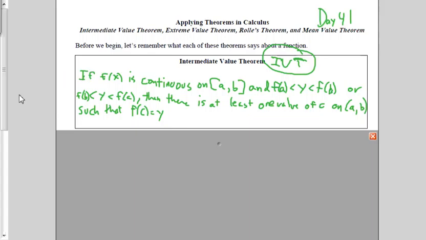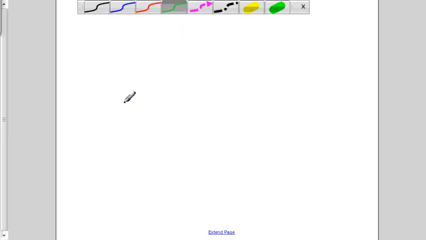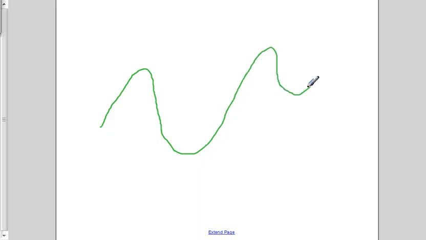All right, so what does that mean? Again, it has to be continuous. I'm going to draw an xy axis. It doesn't even matter where the xy axis is. So if I have some continuous function, again, it doesn't matter what that means. And let's go up a little bit more.